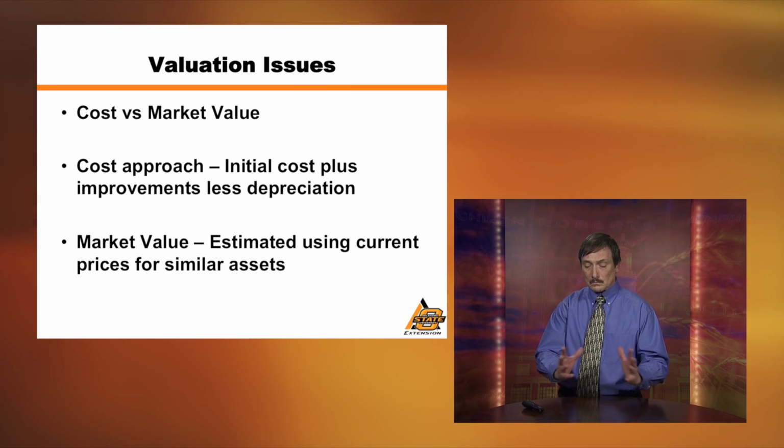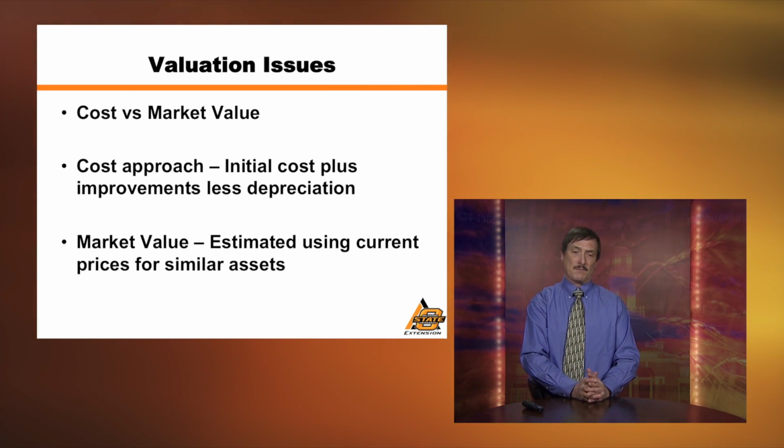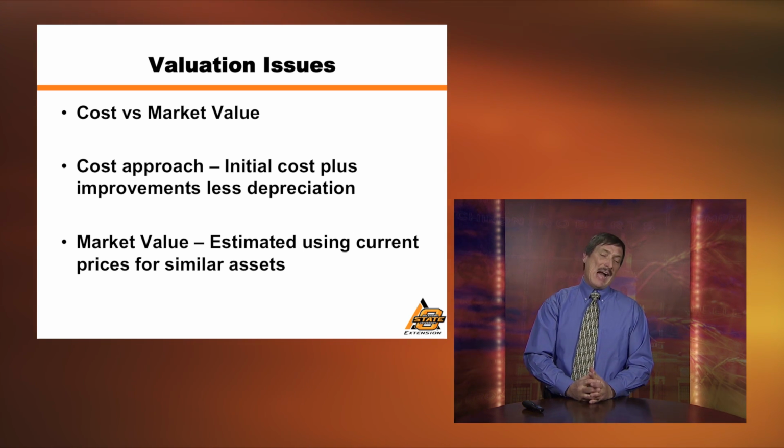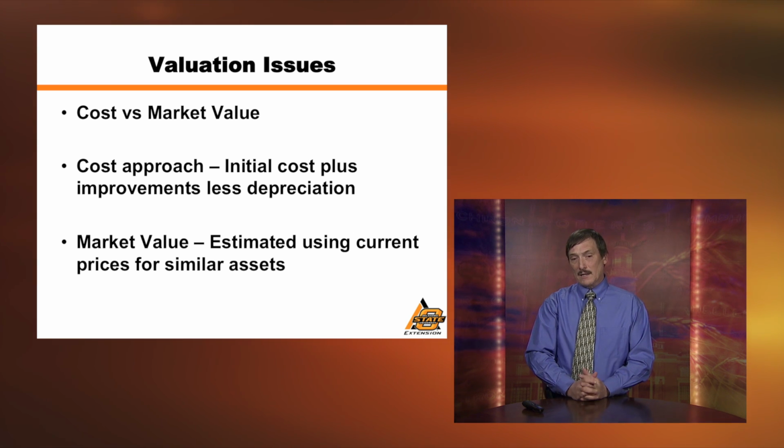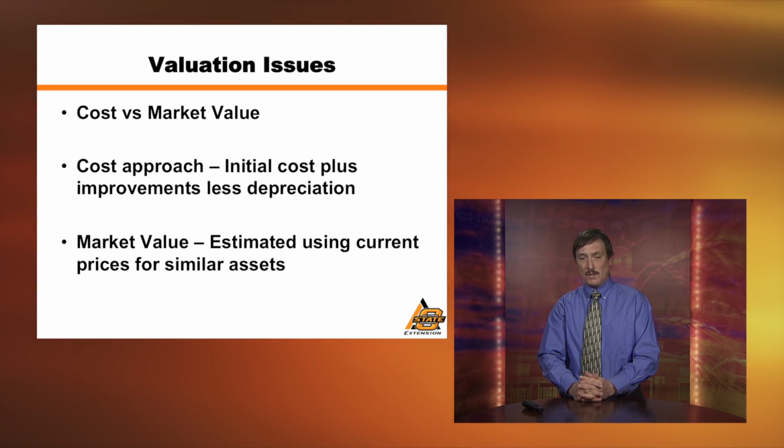Another thing to consider when we're thinking about this balance sheet is how we value those assets on the balance sheet. There are 2 widely accepted approaches. One is the cost approach.